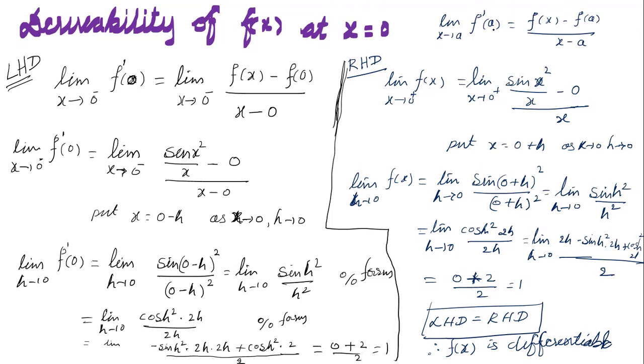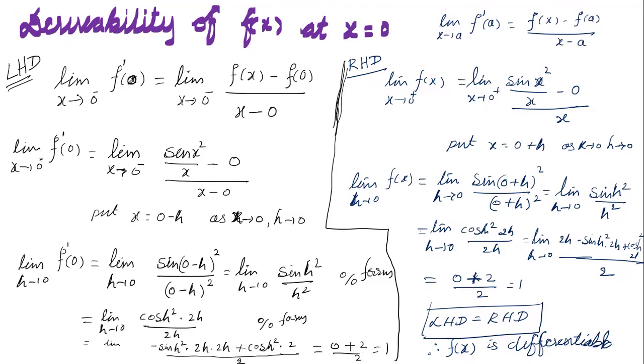This is the definition for differentiation. We want to find the left hand derivative and right hand derivative. If the left hand derivative and right hand derivative are equal, in that condition, the function is said to be differentiable.